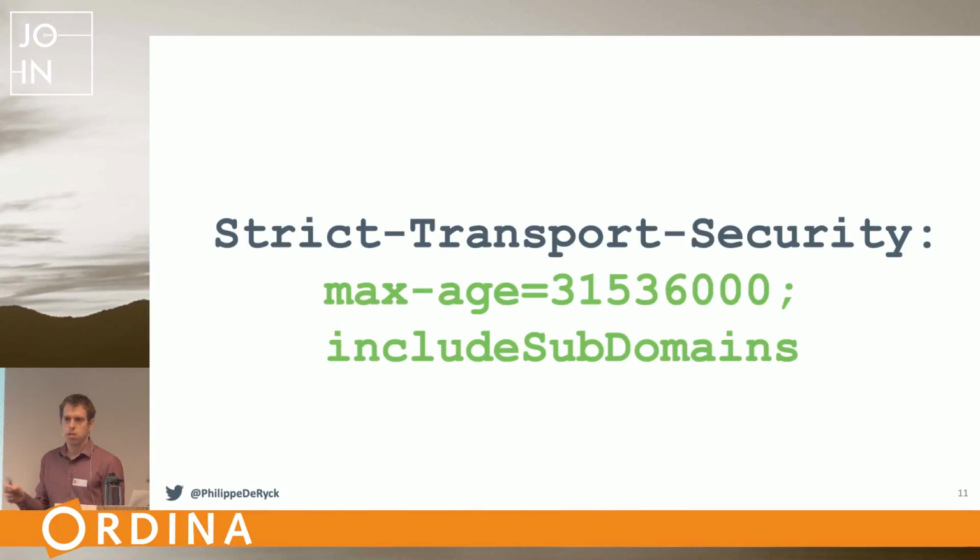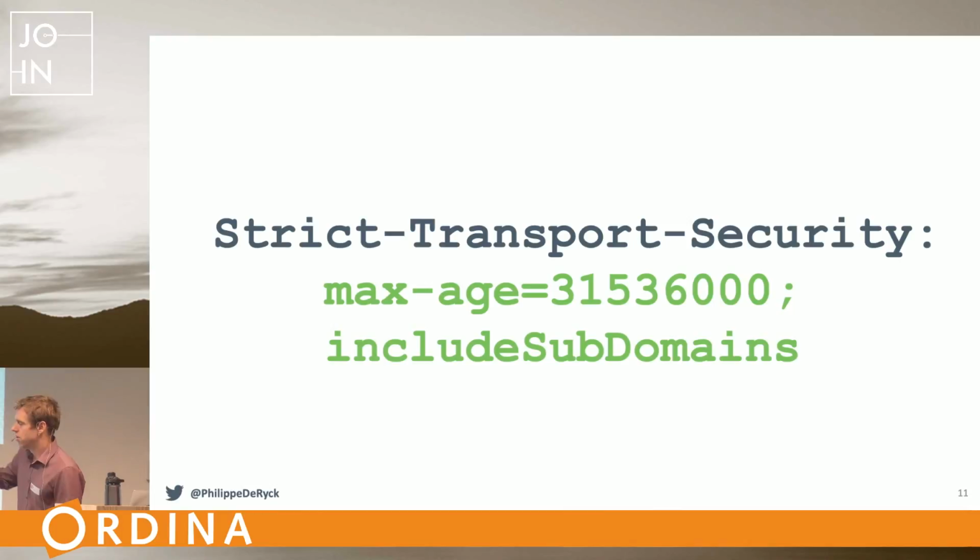If you have it set up as printer1.whatevercompany.com, and you enable this on your company.com domain, then that printer will become unreachable. And of course, if it's only a printer, it doesn't sound very dangerous, but a lot of intranet systems are still running on HTTP because it's intranet systems anyway, and security is maybe less important, which I don't agree with. But this thing actually has the capability to shoot yourself in the foot, so be careful with that.